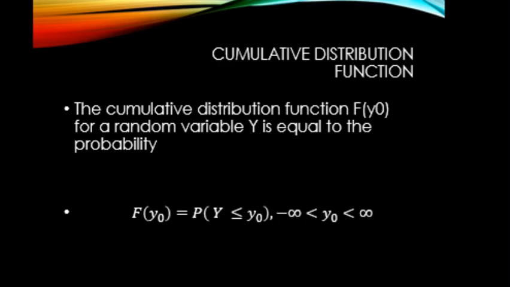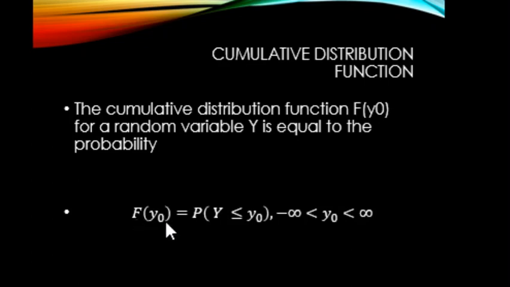Now, when we have a continuous random variable, let's look at what the cumulative distribution function is for the variable y. The cumulative distribution function is denoted by the capital letter F at y0. So this y0 could be any value of the random variable y.